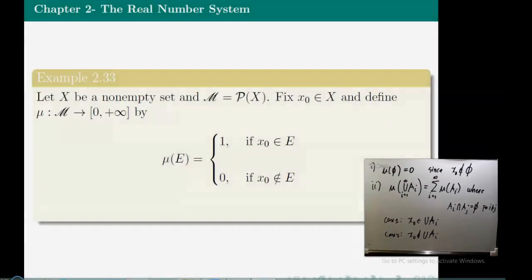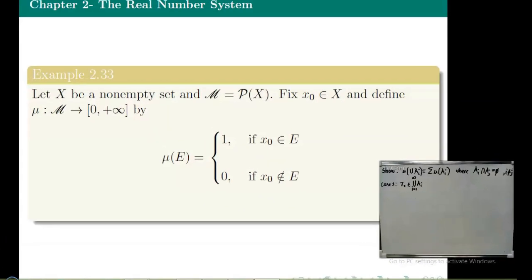So, in this example, we want to show that this function is a measure. Now, recall that to show that a function is a measure, you want to show two conditions. The first condition is to show that mu of the empty set is 0, and the second condition is to show the countably additive.